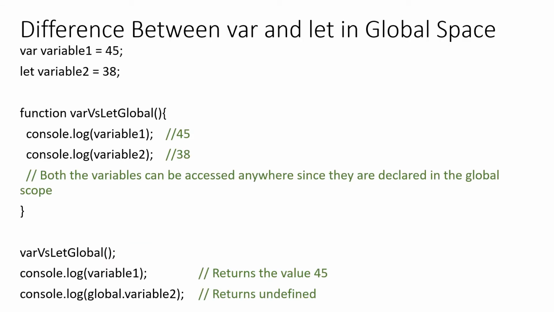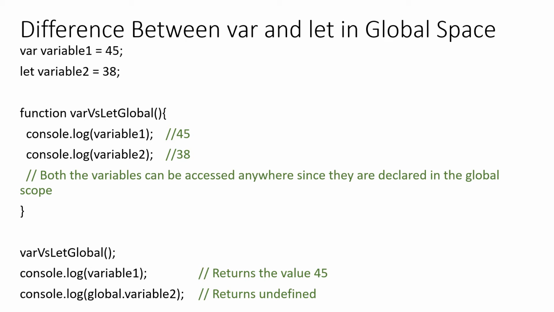So now let's see what the difference is between var and let in a global space. Again, let's start. What is a global space? Anything we declare lives in a scope. There are three types of scope in JavaScript: function scope, global scope, and block scope.